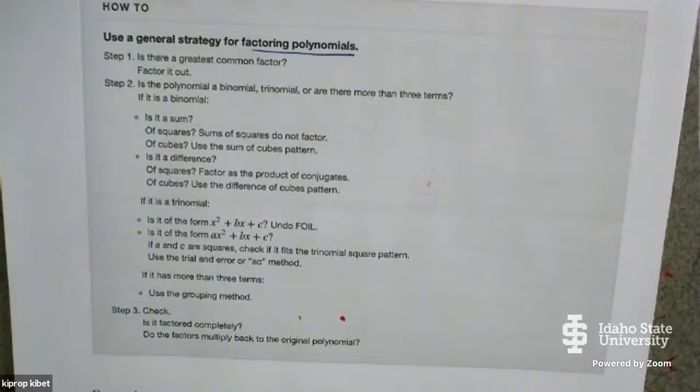And then the last step is to check: is it factored completely? Then you remember how we were factoring, we multiply to confirm whether that is the correct answer. So after doing all those, that is factoring the polynomials.